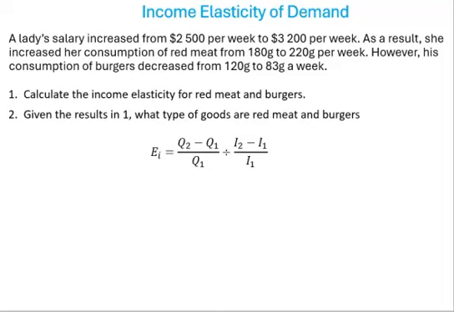Let us now move to the income elasticity of demand. Let us look at this example. The income elasticity of demand measures the sensitivity of quantity demanded when income changes by 1%, right? So a lady's income increases from $2,500 per week to $3,200.